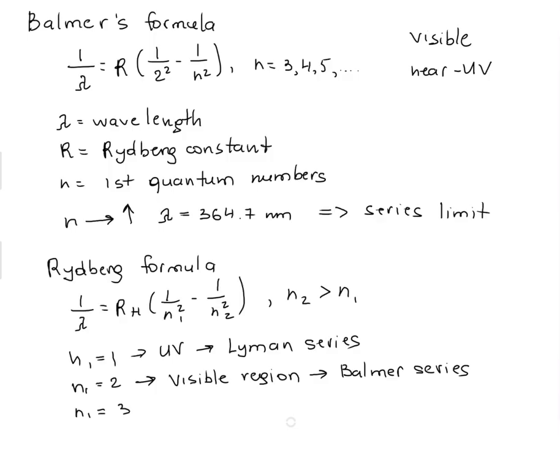When N1 is 3, the lines lie in the infrared region, or IR, and form the Paschen series. And higher values of N1 produce additional infrared series.